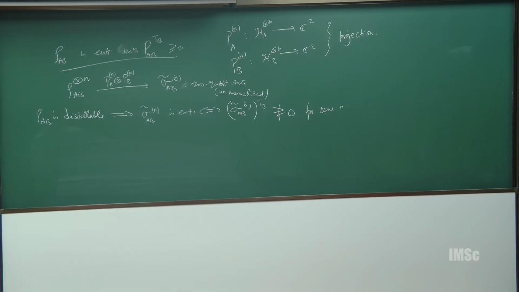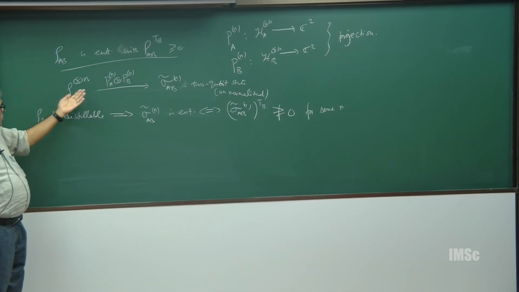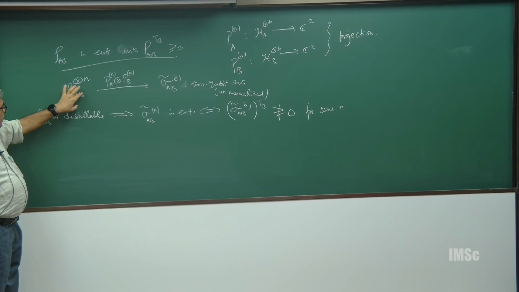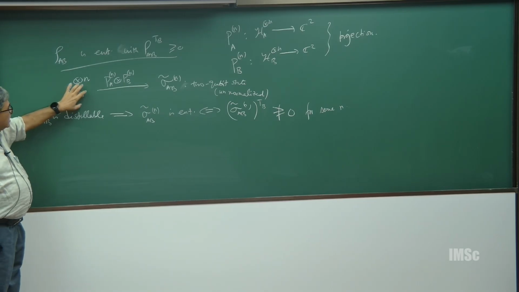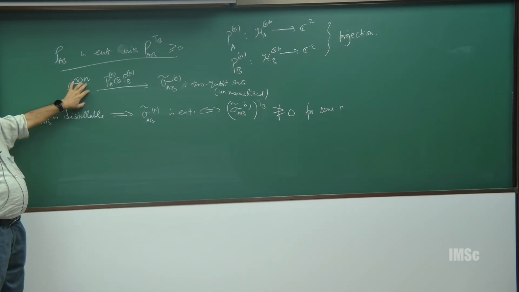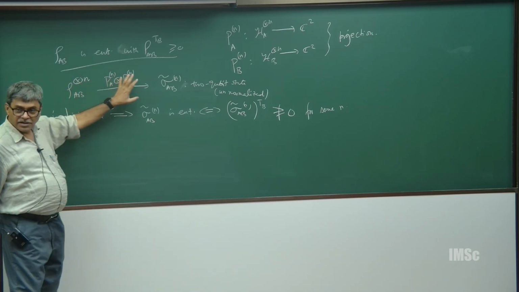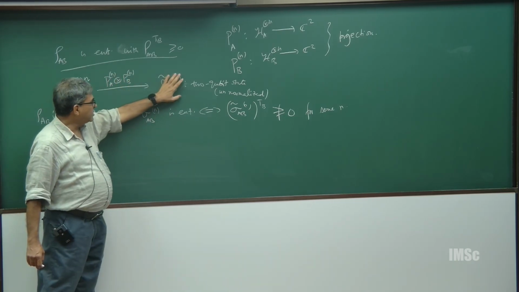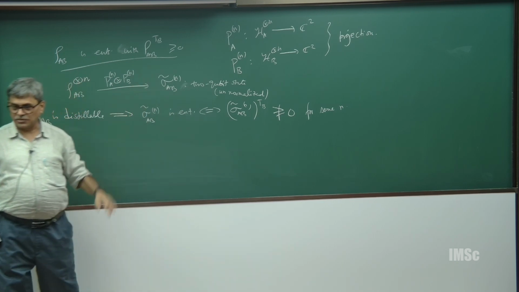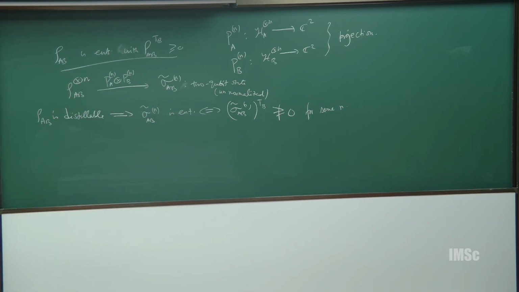And projection is a special case of LOCC. So if rho A B has positive partial transposition, its n copies will also have positive partial transposition, and if I apply this, I will get a state having positive partial transposition only. Therefore, an entangled state rho A B having positive partial transposition means rho A B is a bound entangled state, right.